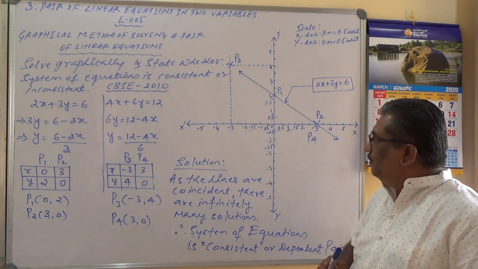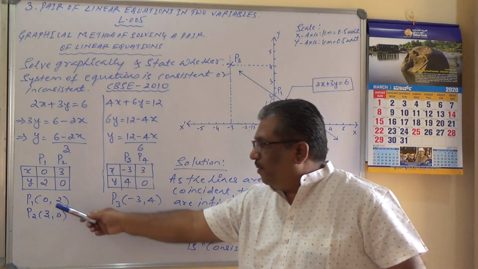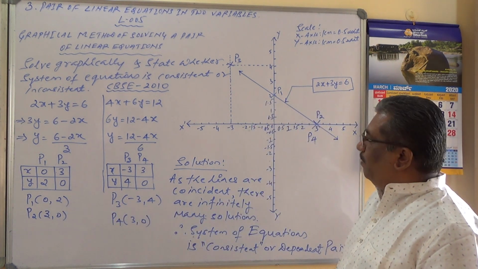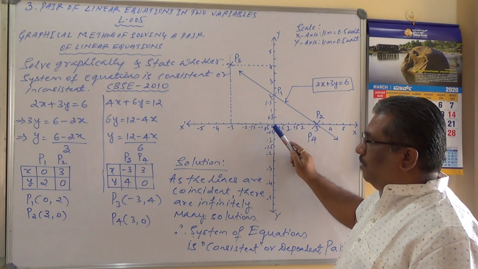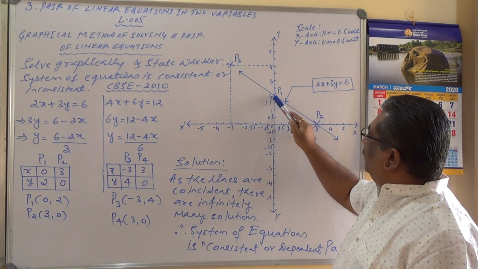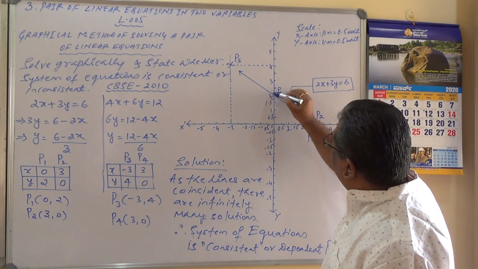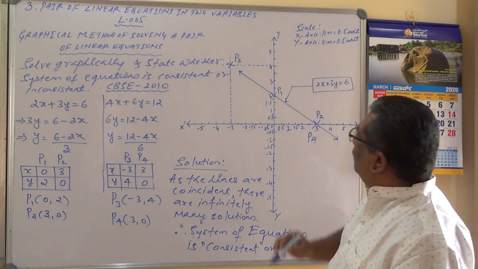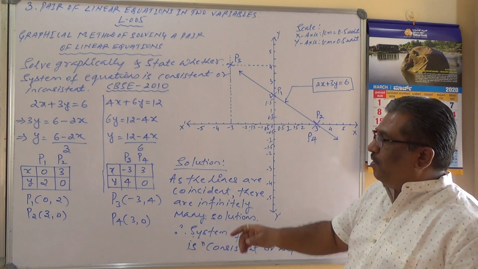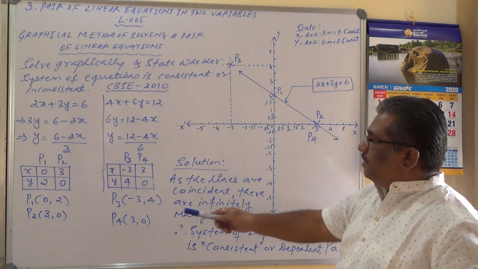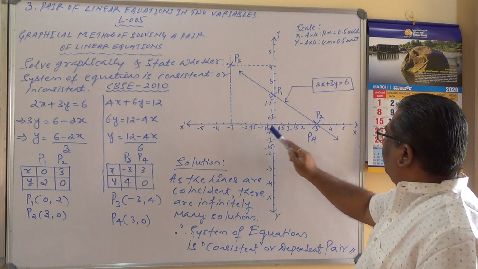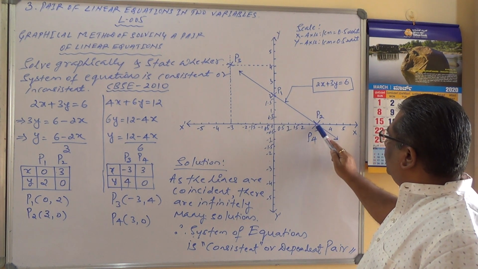It's clear. Let's plot the points. P1 (0, 2), the first point, P1: x coordinate is 0, y coordinate is 2, here this point is P1. P2 (3, 0): x coordinate is 3, y coordinate is 0, point number P2, this one.